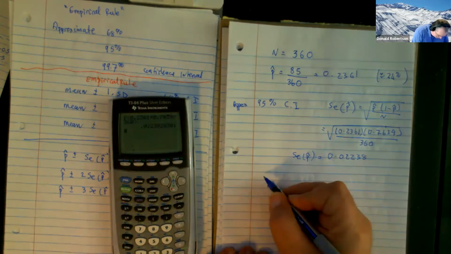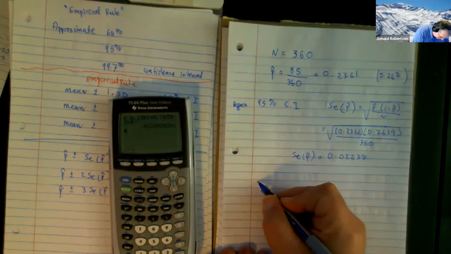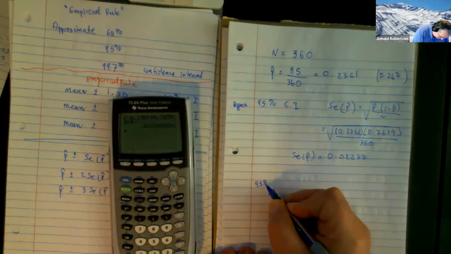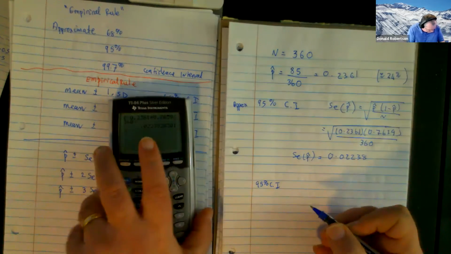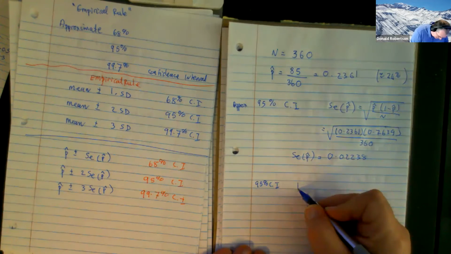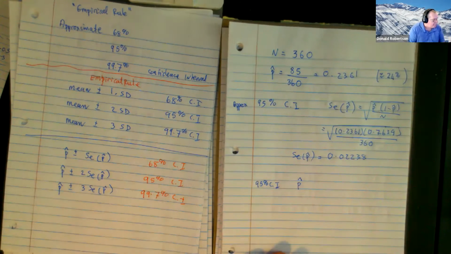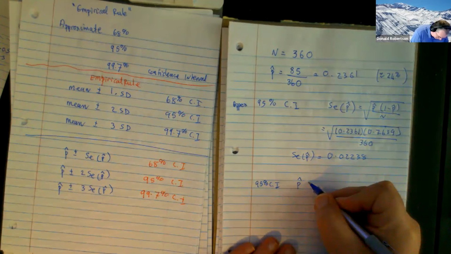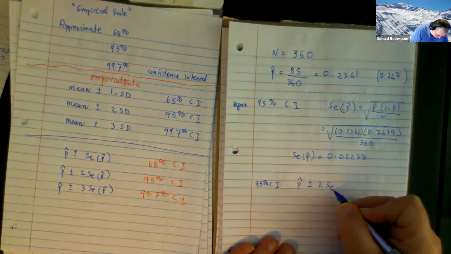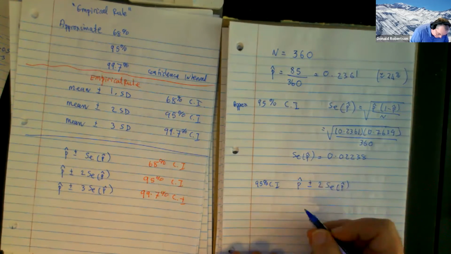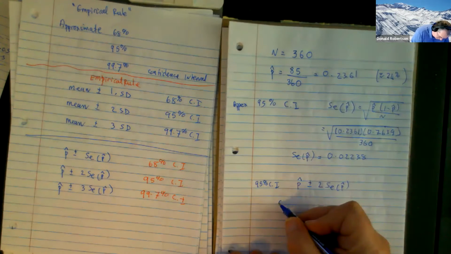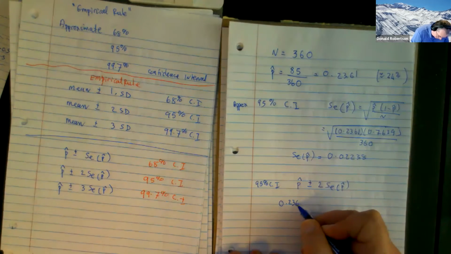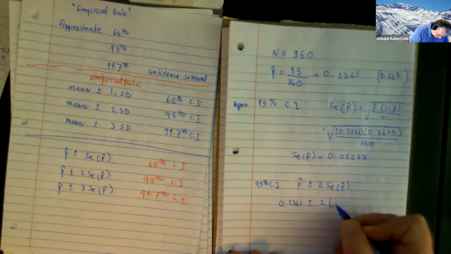Now, a 95% interval, according to the empirical rule, isn't that p hat plus or minus 2 standard errors? And p hat is this fella, plus or minus 2 times this guy.